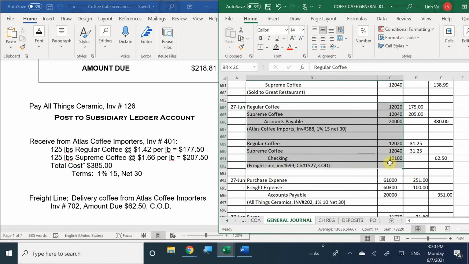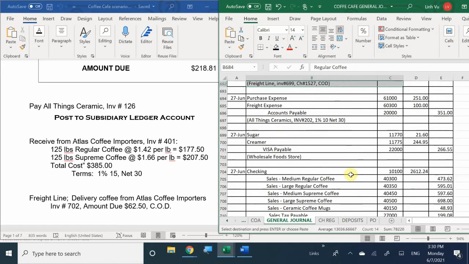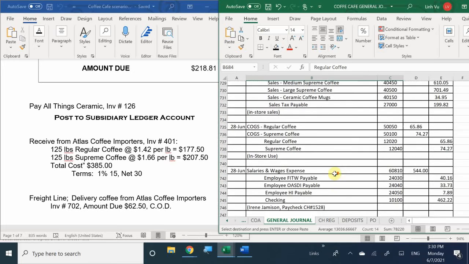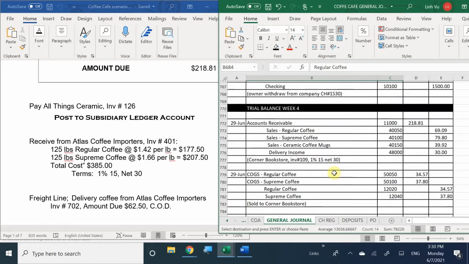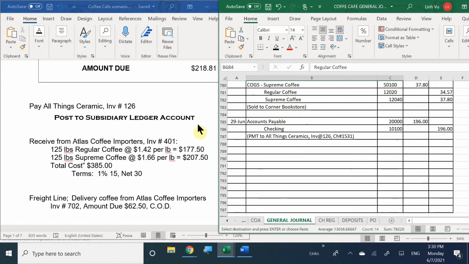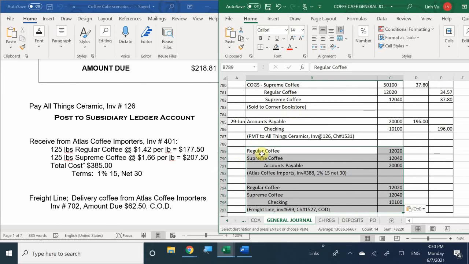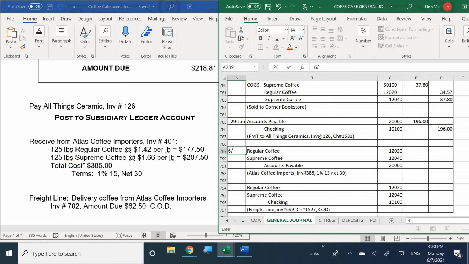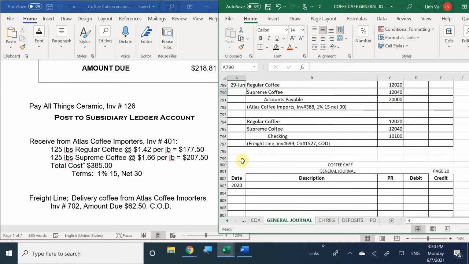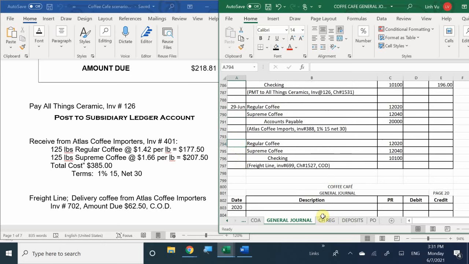So regular coffee, Supreme Coffee, accounts payable, and checking for freight. All right, so we just made it to the very end of this journal. 629.